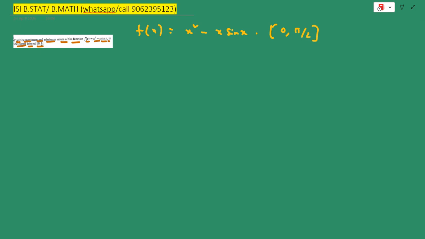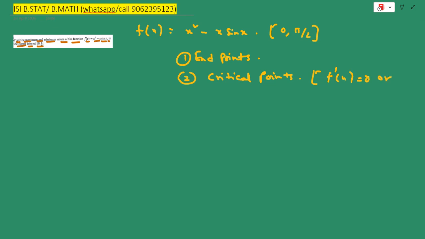It's not just a suggestion, it's a mathematical law, and to find them we only need to check two types of places. First, the endpoints, and second, the critical points, where f dash x is 0 or does not exist.